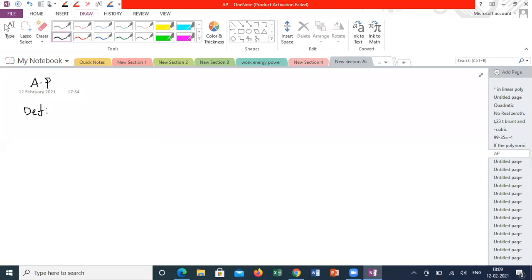Anyone can give the definition? The sequence definition is what?